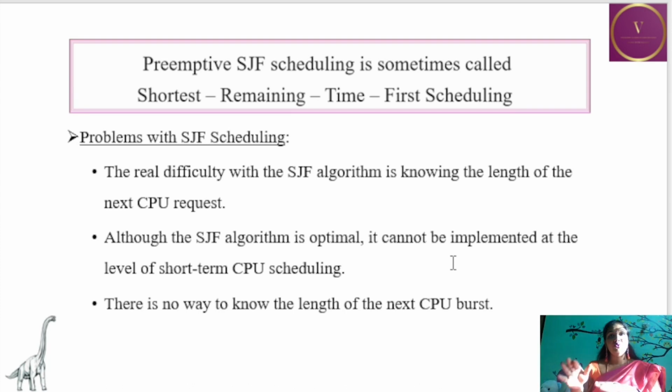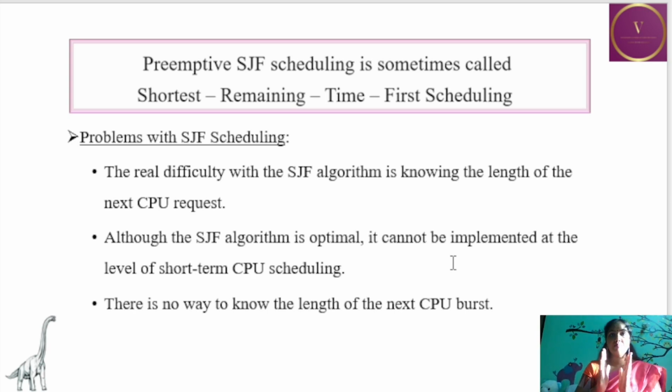So there is no way to know the length of the next CPU burst. We are not able to know the process's next CPU burst time. It is easy to get the process's total length, but it is difficult to know, once the process gets the CPU and comes out of the CPU, what the remaining CPU burst time is.